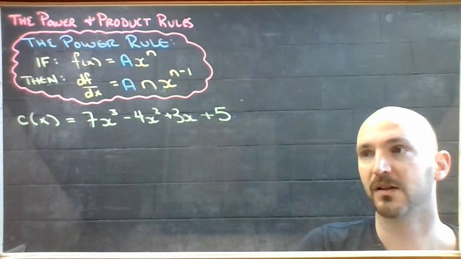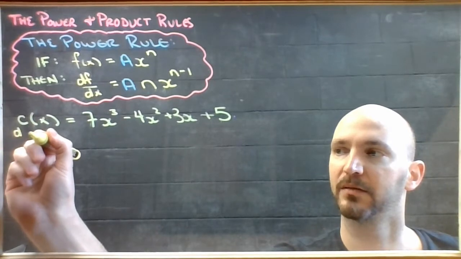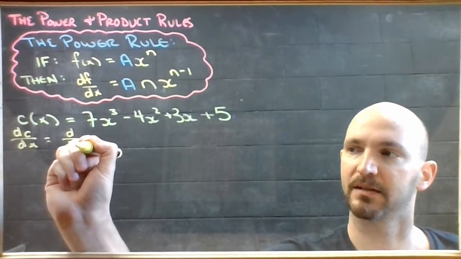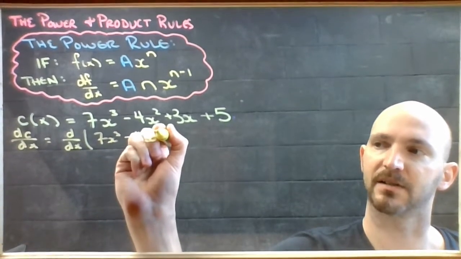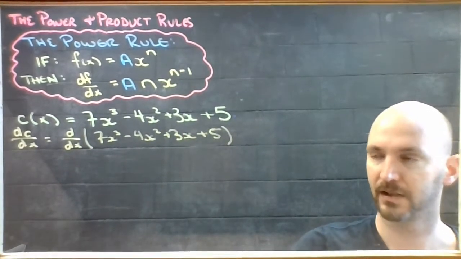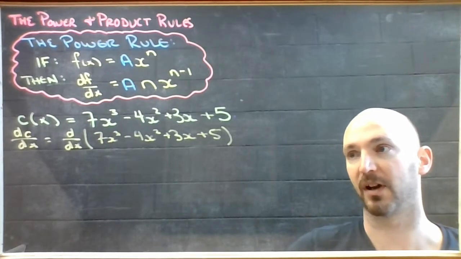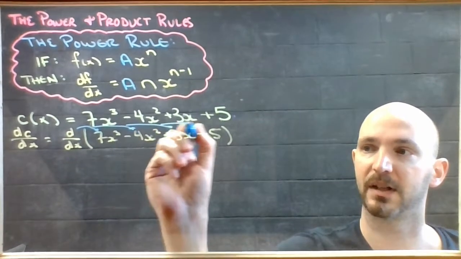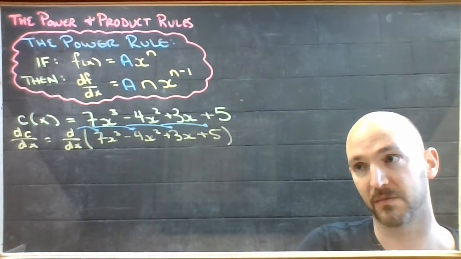All right. So to take the derivative of this one, I'm going to apply my derivative operator to both sides. So d by dx applied to 7x cubed minus 4x squared plus 3x plus 5. Now that I have that there, the distributive property of the differential operator says I need to apply it to this one, and then this one, and then this one, and then this one, and I can do it separately because they're separated by pluses and minuses.